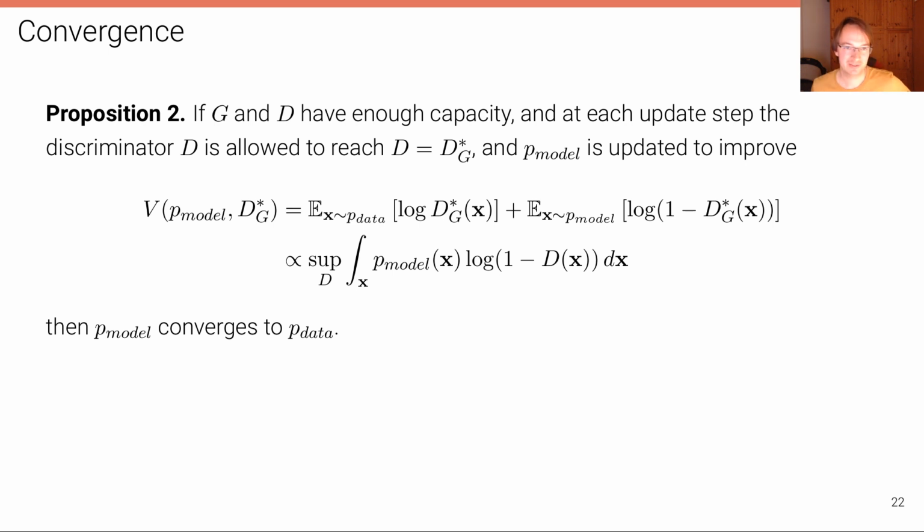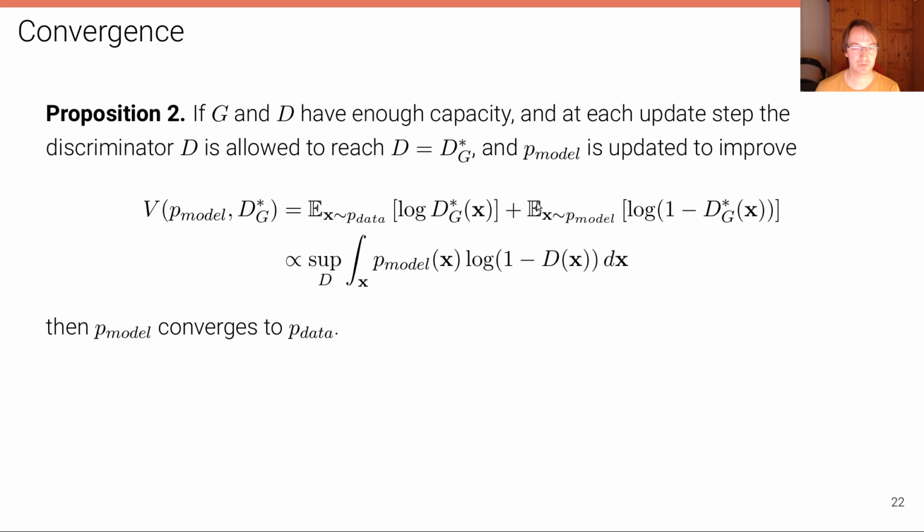If the generator G and the discriminator D have enough capacity, and at each update step the discriminator D is allowed to reach its optimal value D star G, and the model distribution is updated to improve this criterion here, which is again this virtual criterion from before, but now with respect to the model distribution, not the network, but just directly the model distribution, then we can write this using the equation from before.